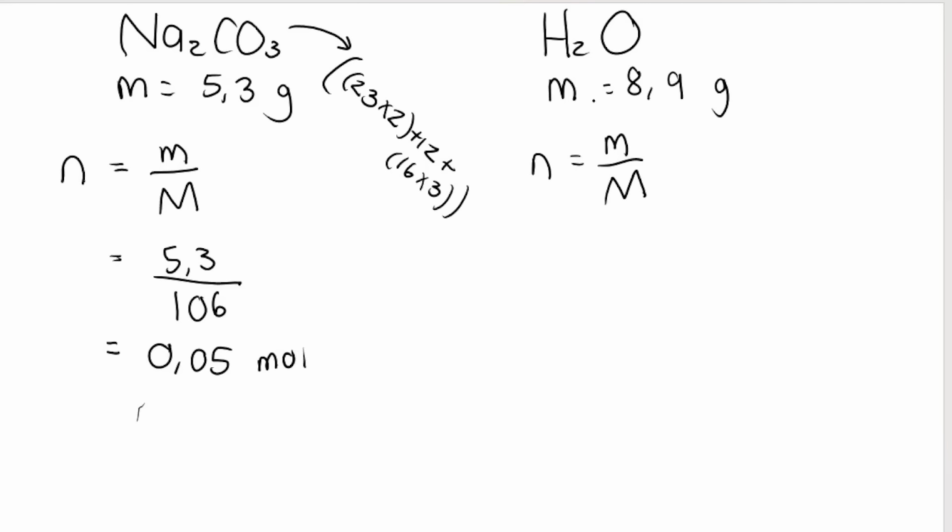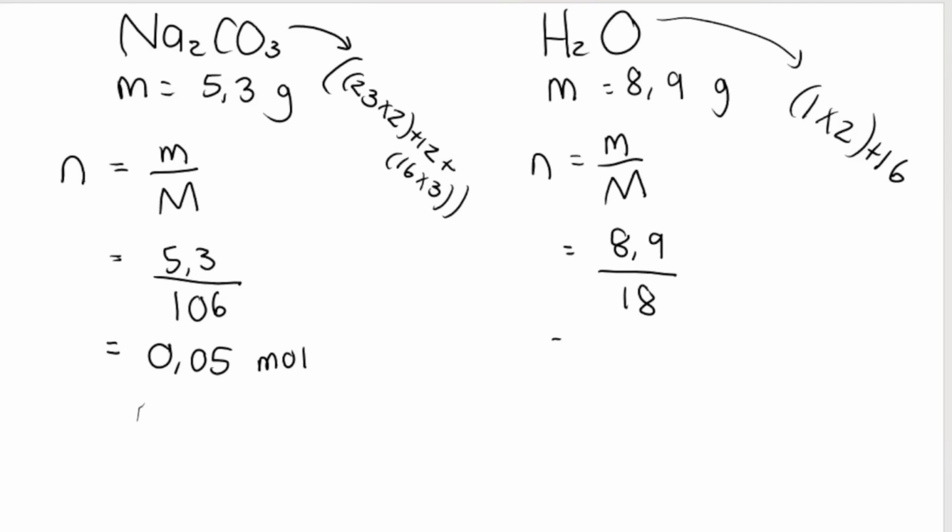There's that. We do the same for water. Remember, the mass over here is 8,9 grams. The molar mass of water, it's 1 times 2, because that's of the hydrogen, plus 16. That is 18. We get number of moles of water as being 0,49444. That 4 is recurring moles of water.